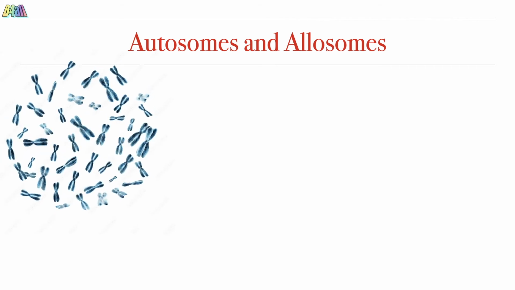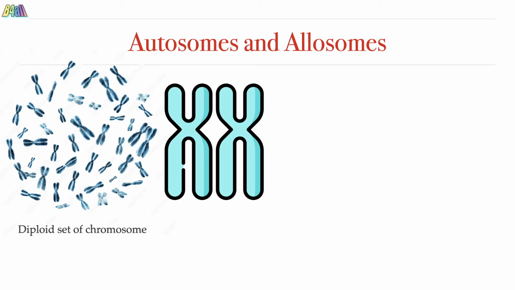Autosomes and allosomes. In the set of chromosomes present in each species, there are chromosomes that carry genes for somatic or body characters, and there are chromosomes that carry genes for determining the sex of the individual.